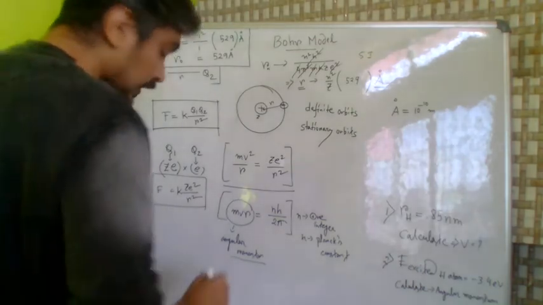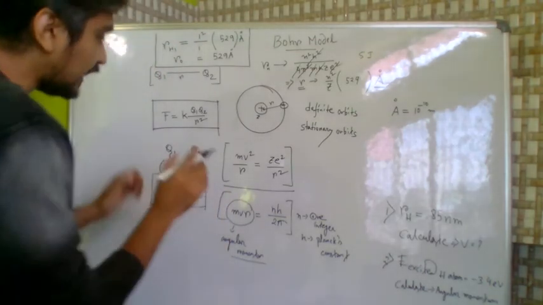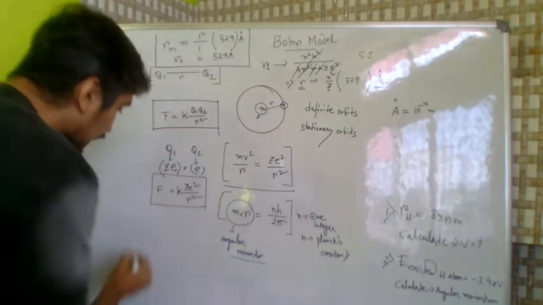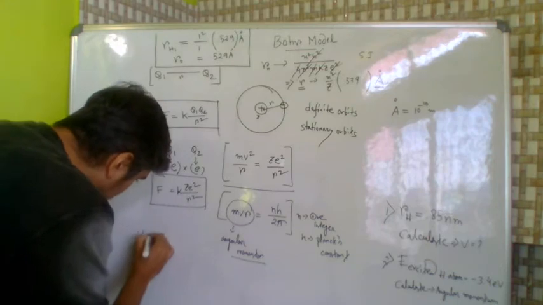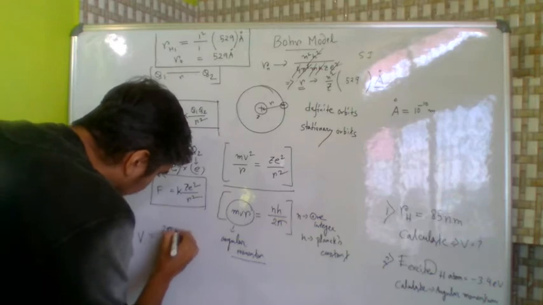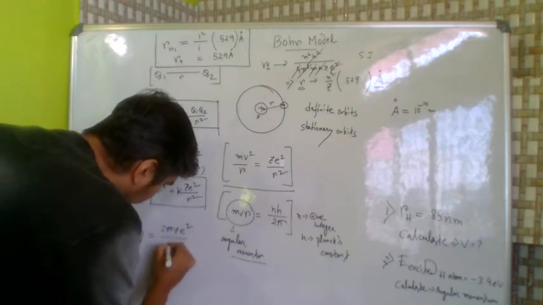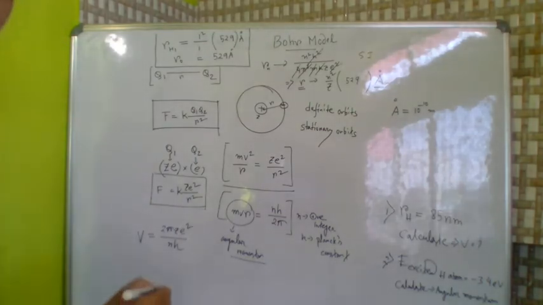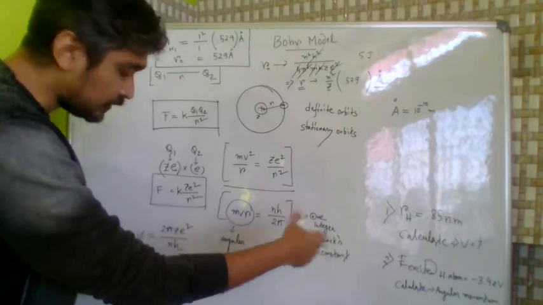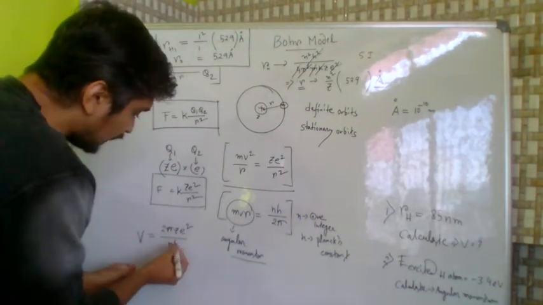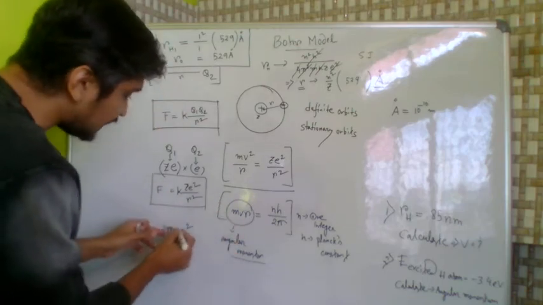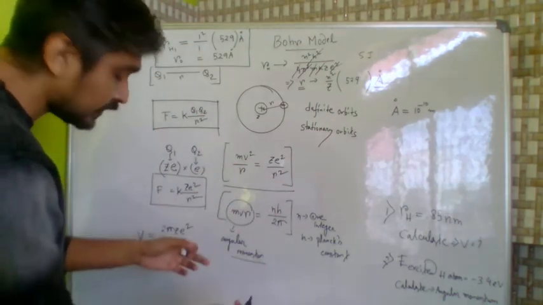Now that is important for our problem. Another thing, we can calculate velocity also from these expressions. The velocity takes the expression 2 pi Z e square by nh, where h is Planck's constant, n is the number of orbit, Z is number of protons, and e is electrostatic unit charge.